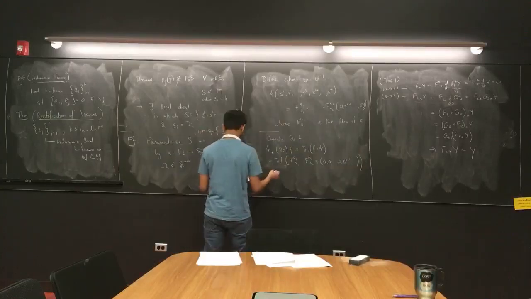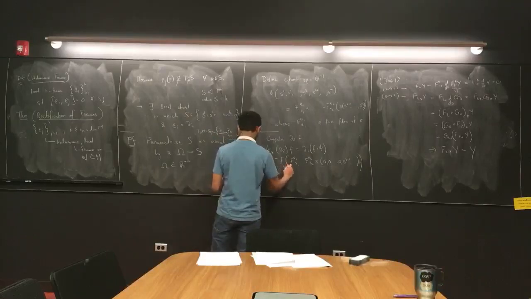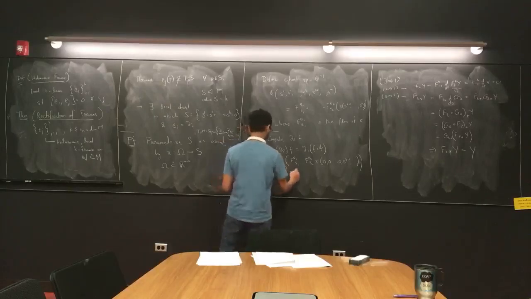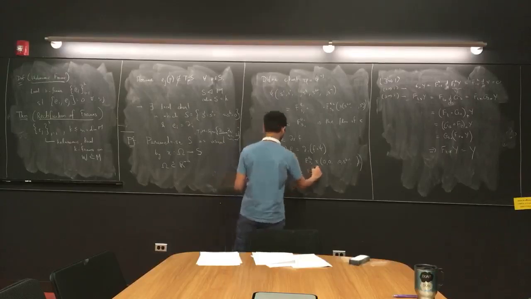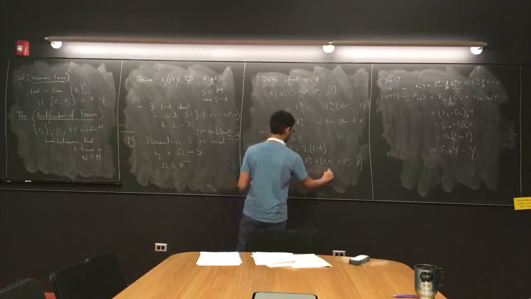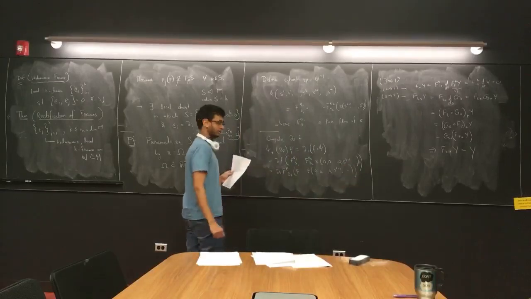Now we just use chain rule on this. So this is going to be del_i f of E_i s_i, the remaining f's evaluated at 0, 0, s_(k+1), and all of these. This is just by chain rule.